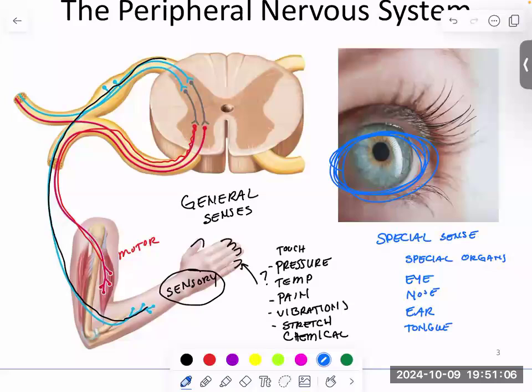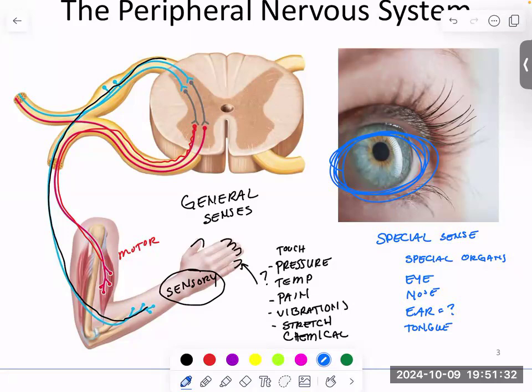What do your eyes detect? Light. What does your nose detect? Smell. What does your ear detect? Sound and balance. But what is it actually detecting? You're going to need to think about that. This one's a tough one, okay? Remember that when I ask you, what is it detecting after we discuss the ear?